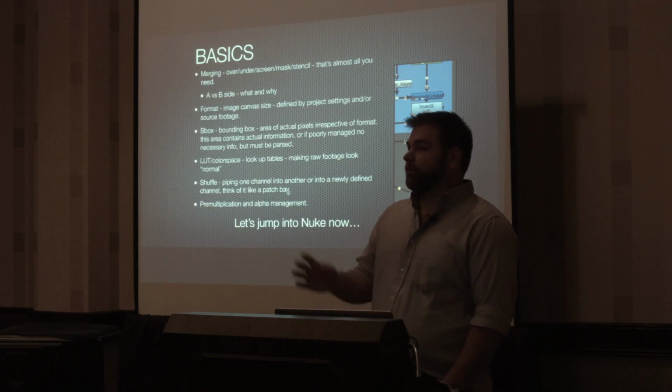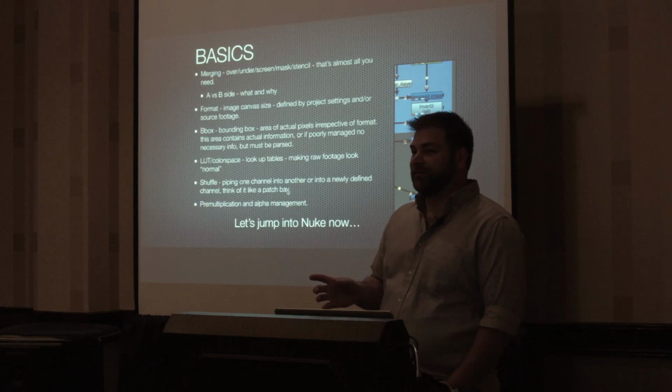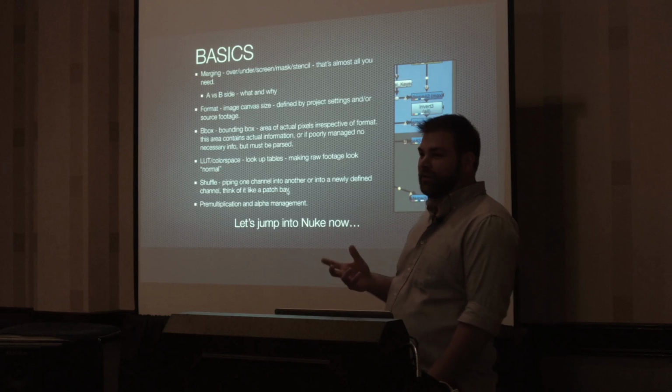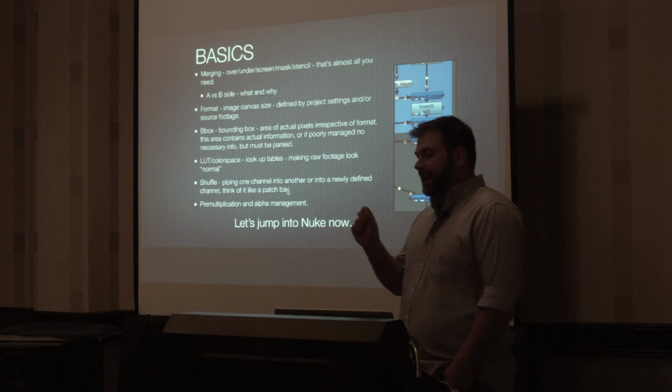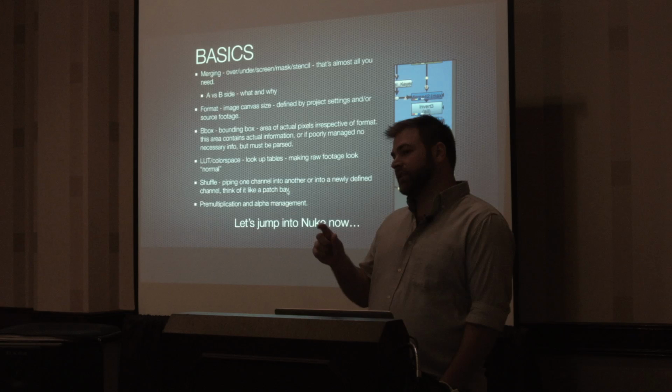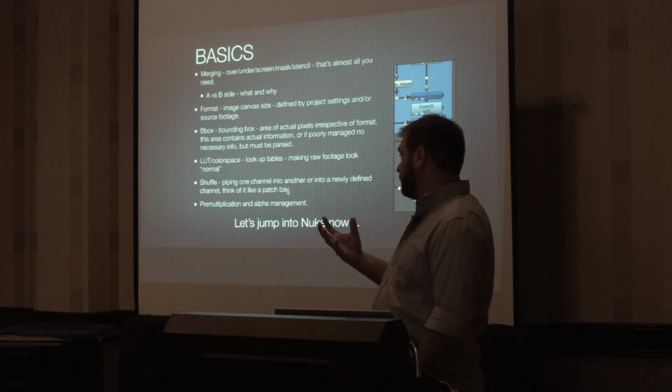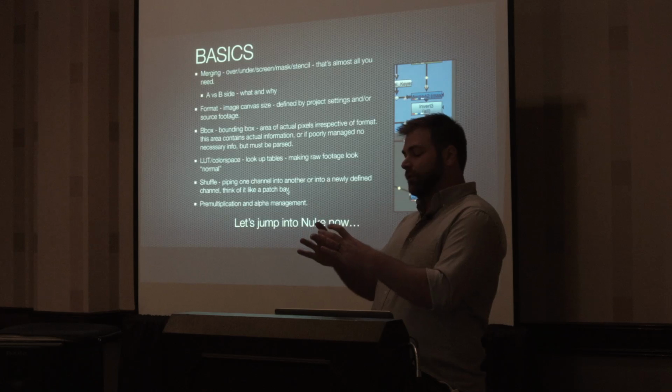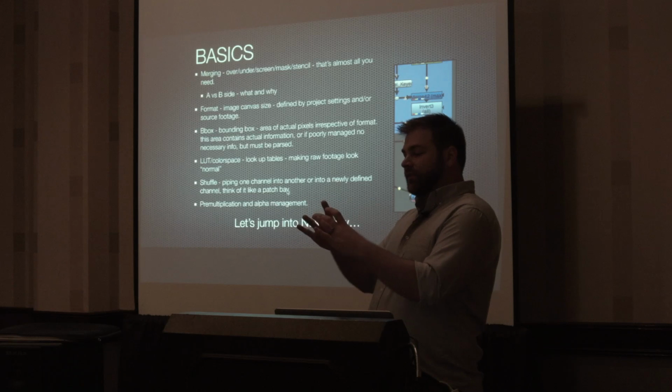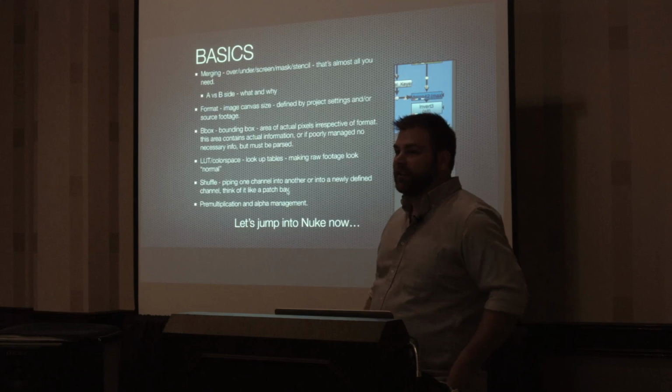Premultiplication. How many of y'all actually know what premultiplication is? Premultiplication is where the alpha is multiplied times the RGB values, and what that does is effectively punch out your image, so that wherever your alpha is is the only place you see pixel data.